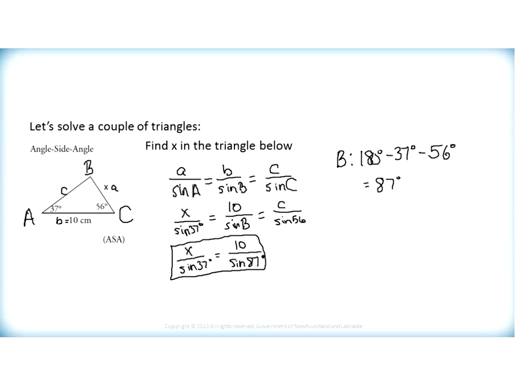So what I'm going to do now, I'm going to rewrite right over here, X over sine 37 degrees is equal to 10 over sine 87 degrees. And I'm going to multiply both sides of my equation by sine of 37 degrees.